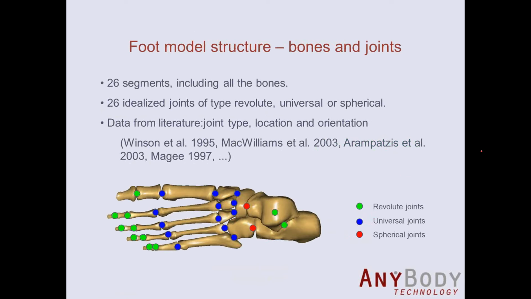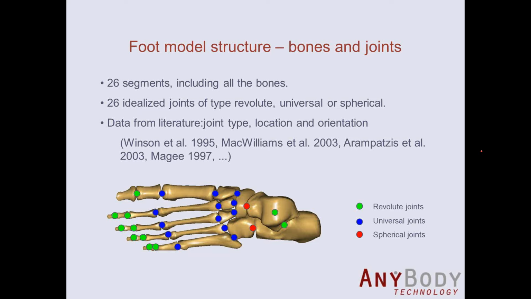We will now look at the model itself, how it is constructed and what's inside. It has 26 segments representing all the 26 bones of a real human foot. It has 26 joints connecting all those segments. Those are idealized joints, that means of the type either revolute, universal or spherical.